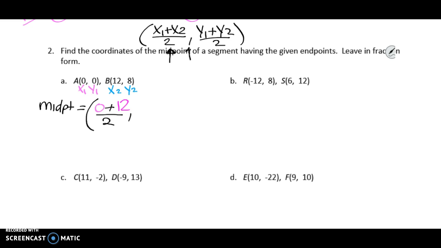And then my comma, and now I get my new fraction, y1 plus y2 divided by 2. Just fixing some stuff. x2 was 12, so now it'll make sense. So y1 is 0, and my y2 is 8.